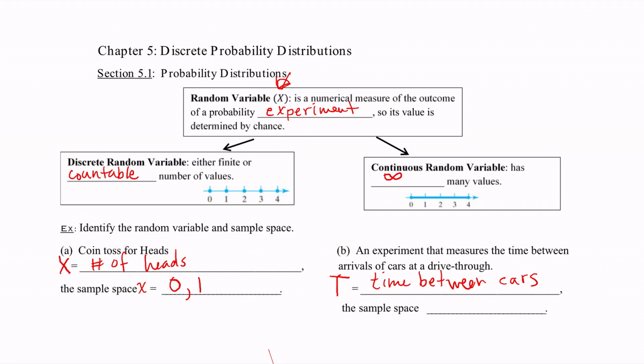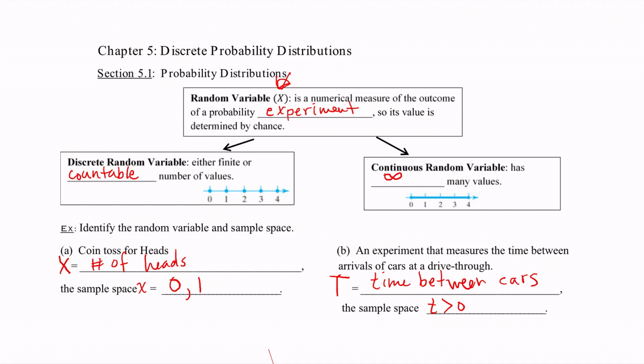And so here the sample space could really be any positive value for t, because here time, right, is considered a continuous piece of data, so it can take any value that's greater than 0, but not necessarily discrete values.